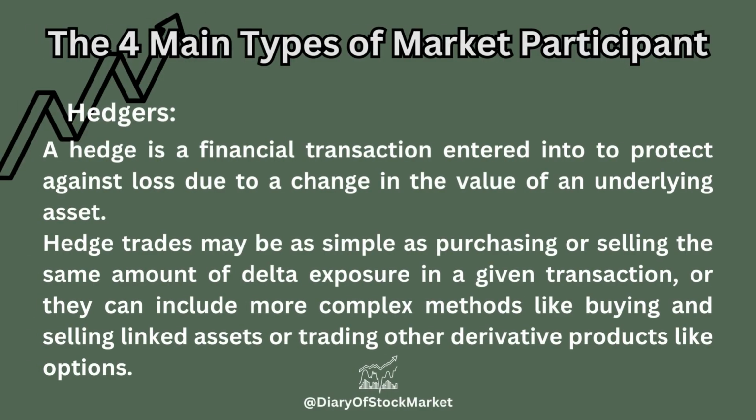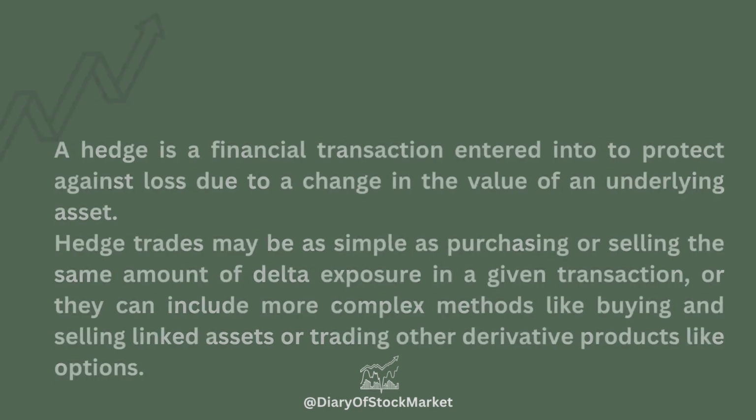A hedge is a financial transaction entered into to protect against loss due to a change in the value of an underlying asset. Hedge trades may be as simple as purchasing or selling the same amount of delta exposure in a given transaction, or they can include more complex methods like buying and selling linked assets or trading other derivative products like options.